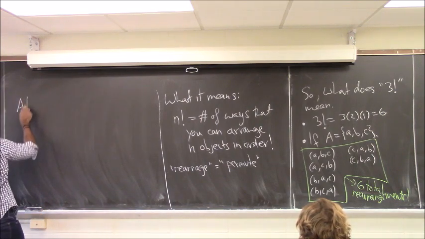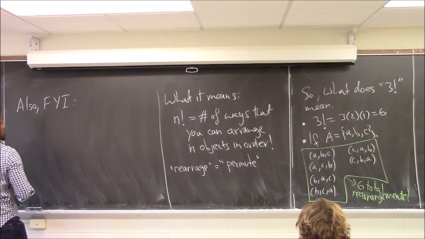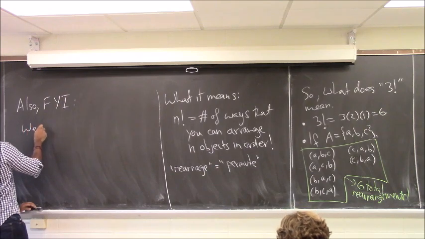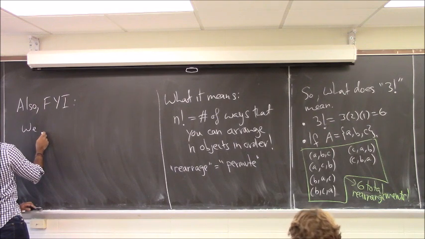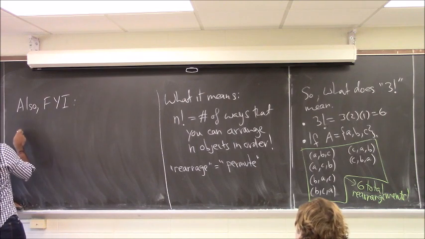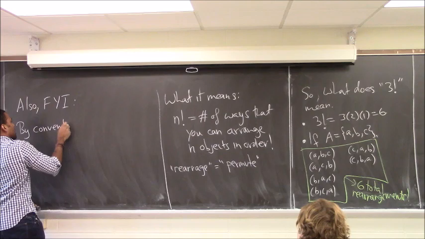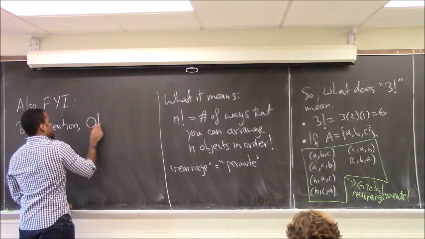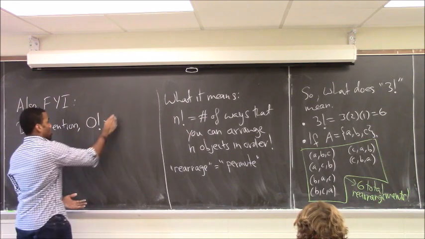Also, FYI, we declare, we decree, let's just say more politely, by convention, 0 factorial is 1.